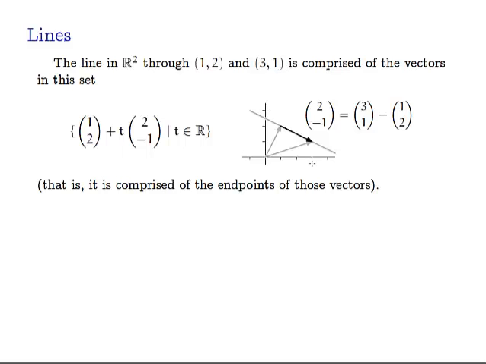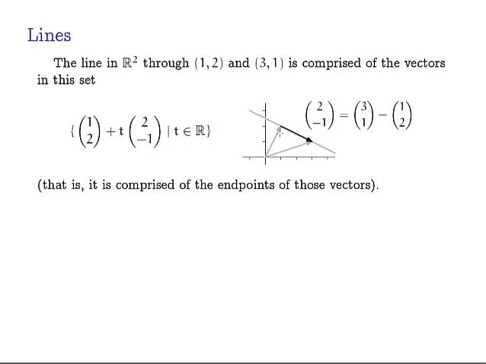This picture shows a vector from the origin to one of these points, and that's the point 1, 2. The point 1, 2 is represented here. And it also has a vector along the line. Now notice that if I take this vector from 1, 2 and then add any multiple of this vector here, it's still going to be on the line.